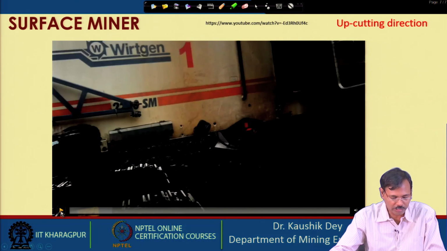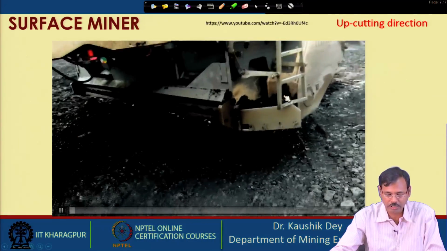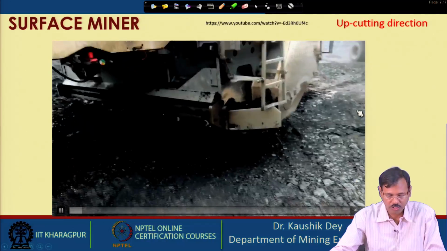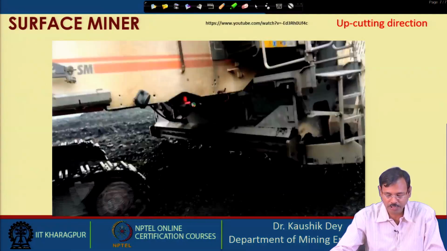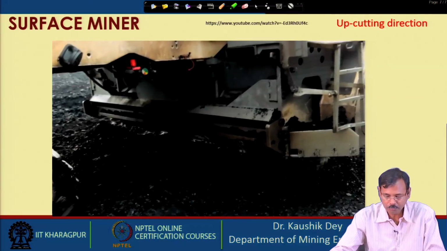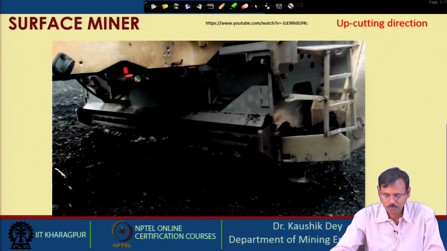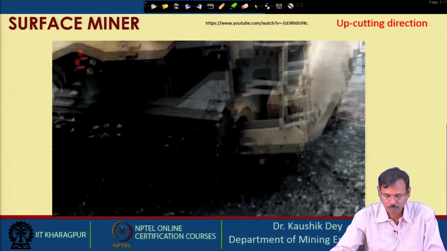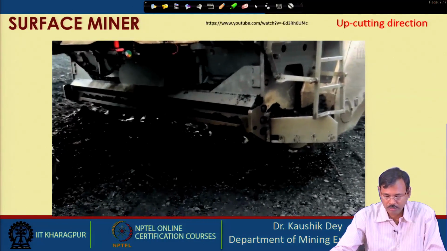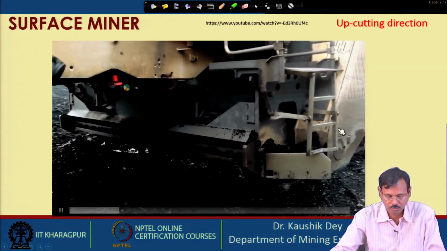And this is the other one, where the cutting drum is placed between the front and rear crawler, and this is the up cutting way; in the up cutting direction the drum is rotating. Here the empty run of the drum is shown in this video.